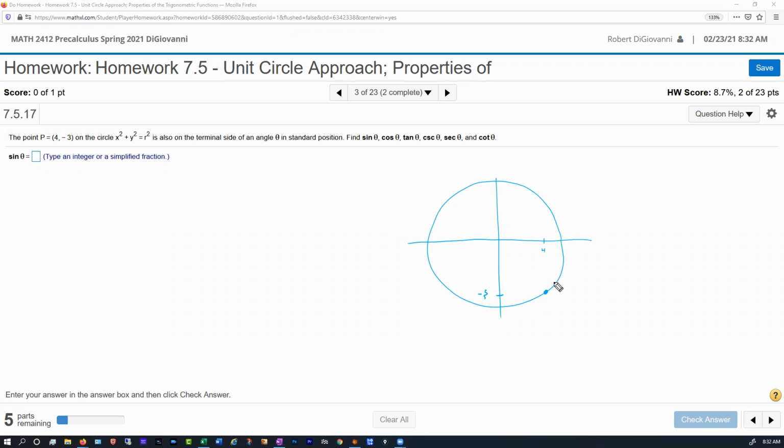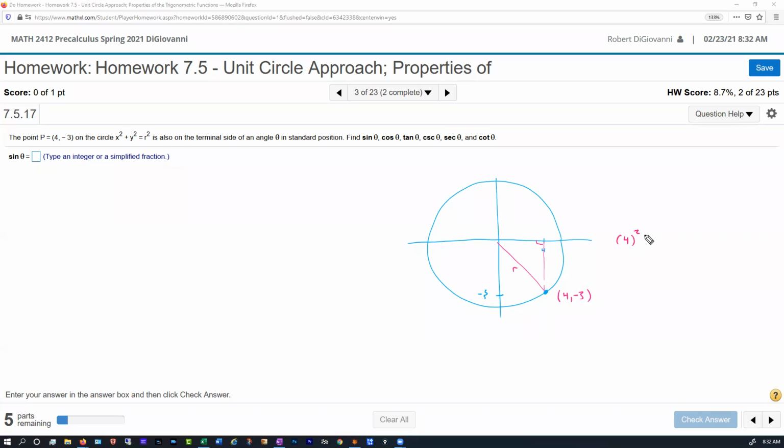So what we can use here, we can either do a triangle like this and label the sides, or we can just use the fact that this is the point 4, negative 3, and then find the radius. So forget the triangle, do the radius. And to get the radius, we use Pythagorean.